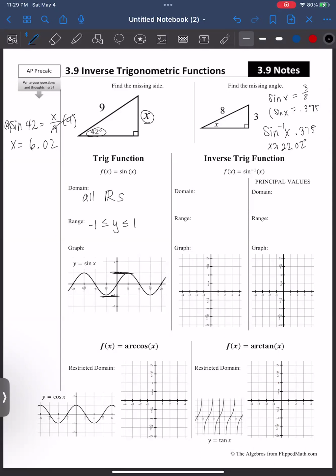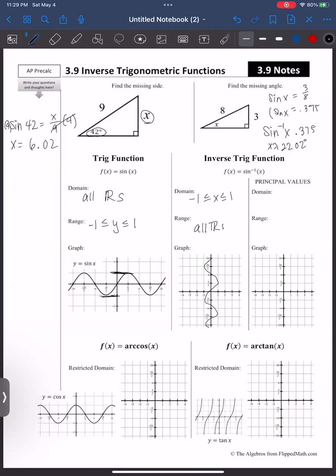Now, when it comes to the inverse, what's actually going to happen is I'm going to switch my domain and my range. So my domain is actually going to be between 1 and -1, and my range is going to be all real numbers. So what would that look like on the graph? This is not going to be accurate, but it would look kind of like this.